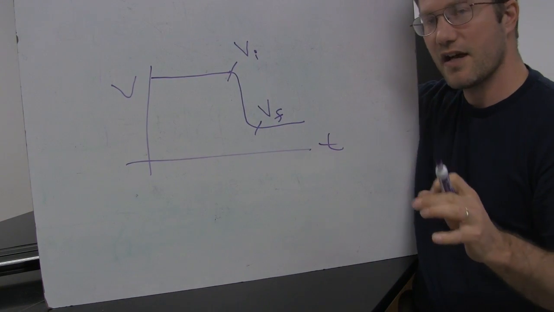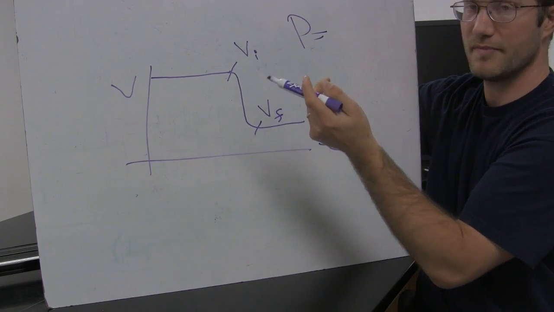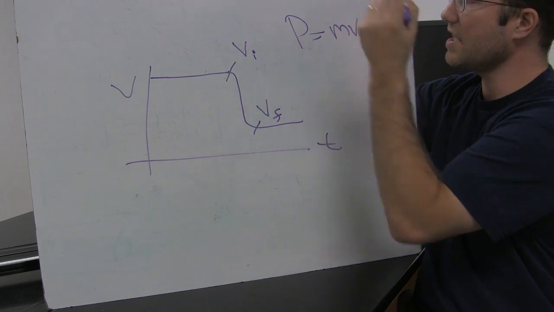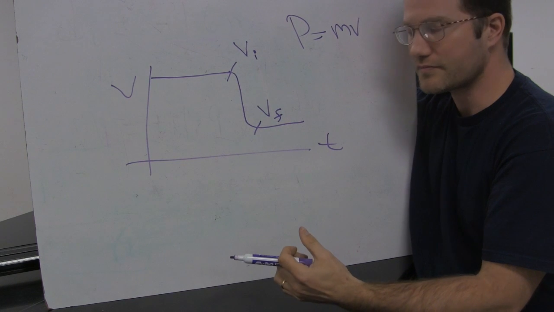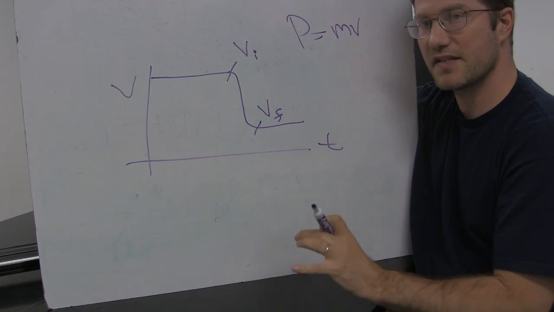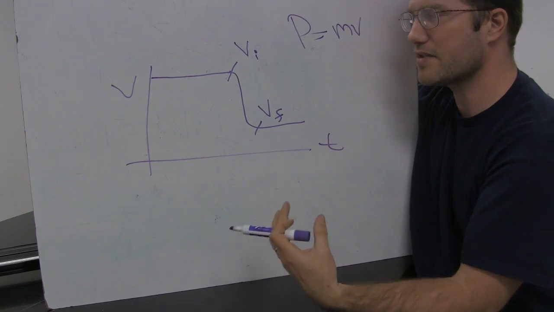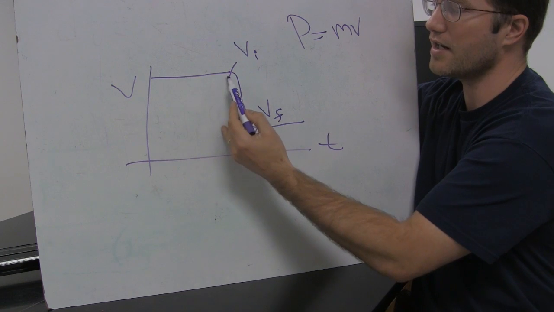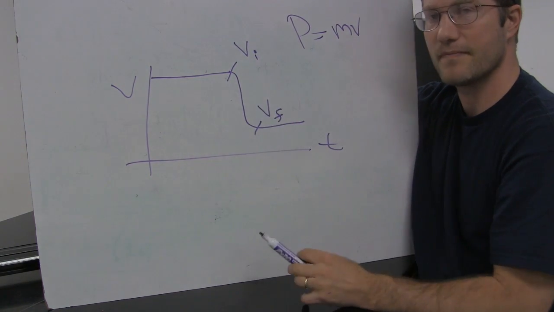Now, we're going to talk about momentum here. Momentum, P, is equal to mv, mass times velocity. So the initial momentum of this entire system, now remember the second cart was initially stationary, so the entire momentum of the system before the collision was just this first rolling cart. Its mass, m1, times v initial.